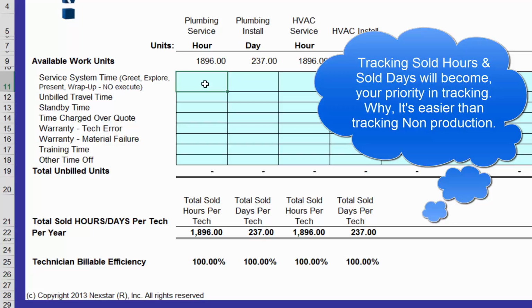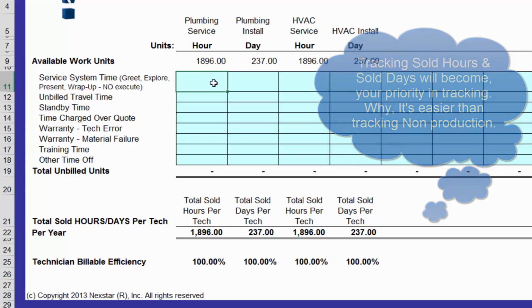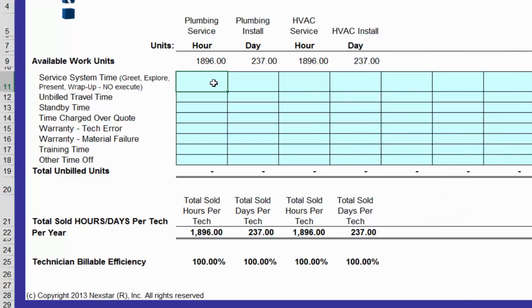And you may not know this, and I'll say this, most people don't know this. This is designed to bring this to your attention, to understand what it could be. Okay, so let's just say you may take a wild guess and say it's 500 hours. All right? So that's going to take you from 100% down to 73% efficient right away.